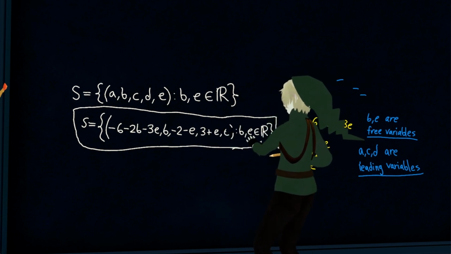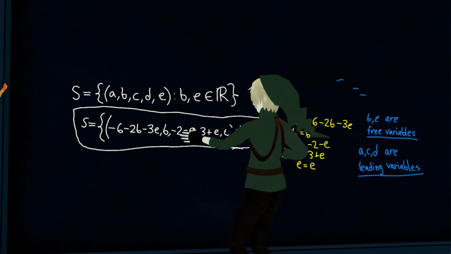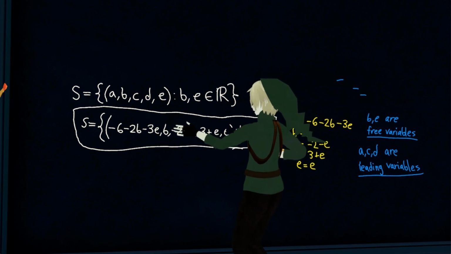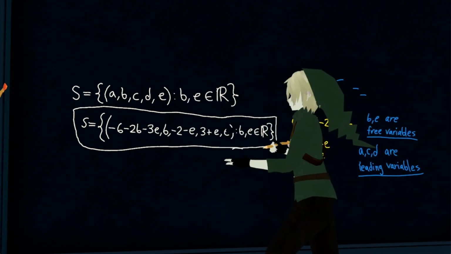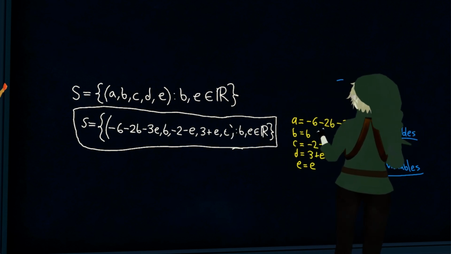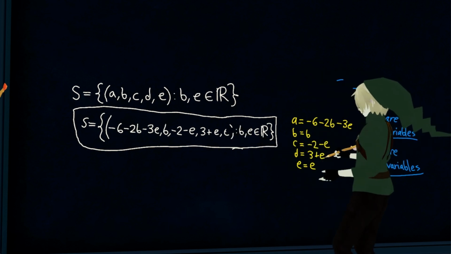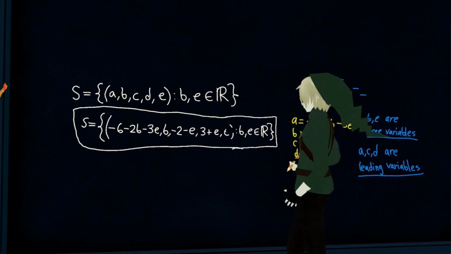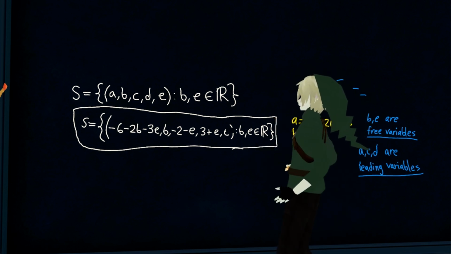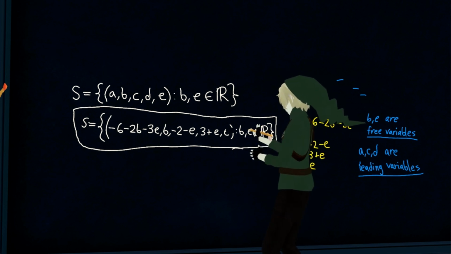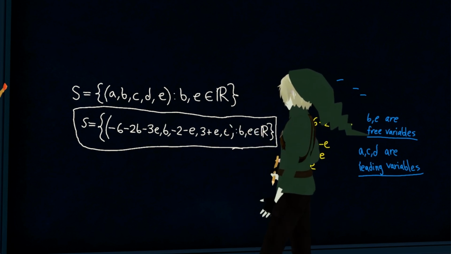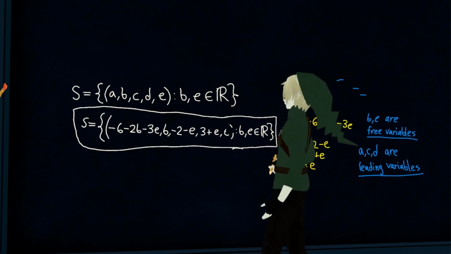For any number for B and E, whatever fits in this format, plug in any B, plug in any E, this will satisfy the system of equations that we had originally. Okay? That's what this solution tells us. So yeah, infinitely many solutions for any number you plug in for B and E.